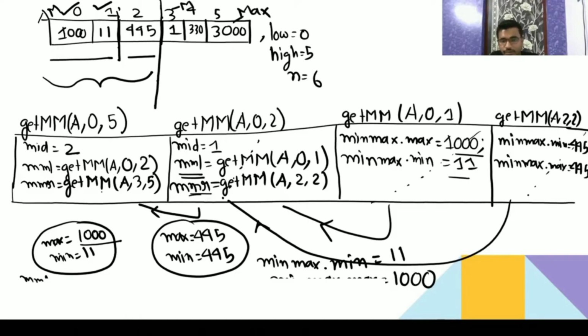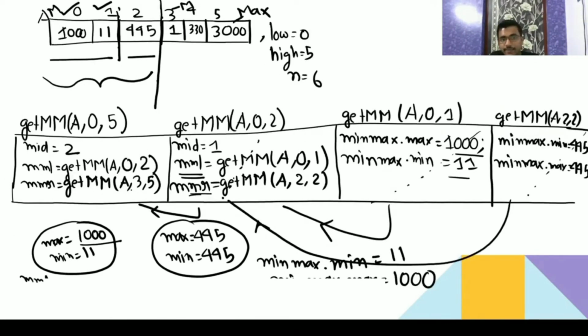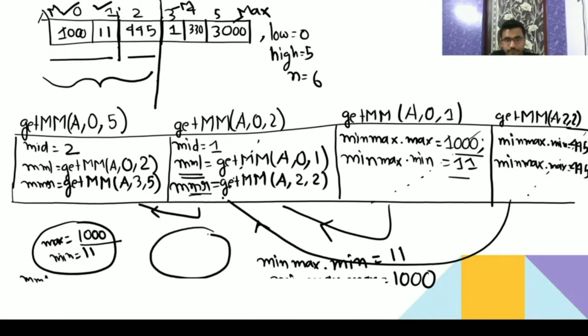Now this is going to return here, to a 3 5. Now this is the actual left and this is the actual right. Between these two, it will have mml this, then mmr this, having min 1 and max equal to 3000.